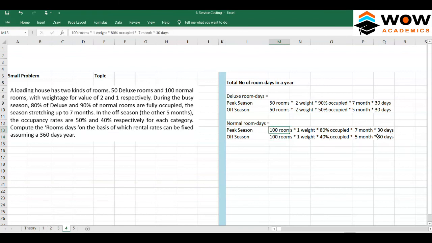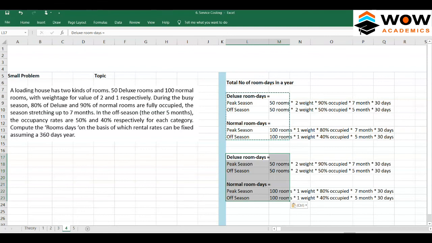So we have done it for deluxe rooms and for this. We just have to work them out. I think this looks neat, we don't need to disturb this. We will work it out here. So let's work it out.